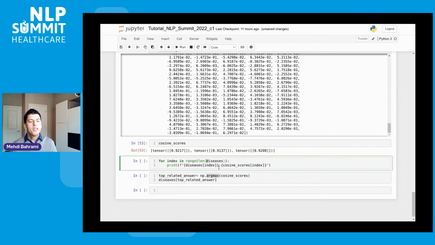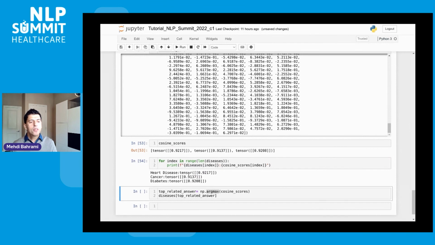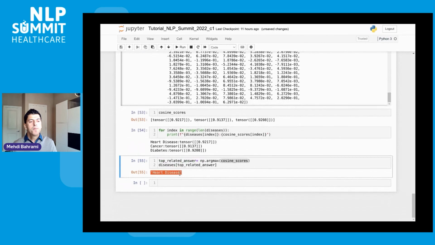Let's make it more visible. Now you can see heart disease has 92, cancer has 91, and diabetes has 92%. Now we use argmax to find the maximum among them. As you can see, the answer is classified as heart disease.